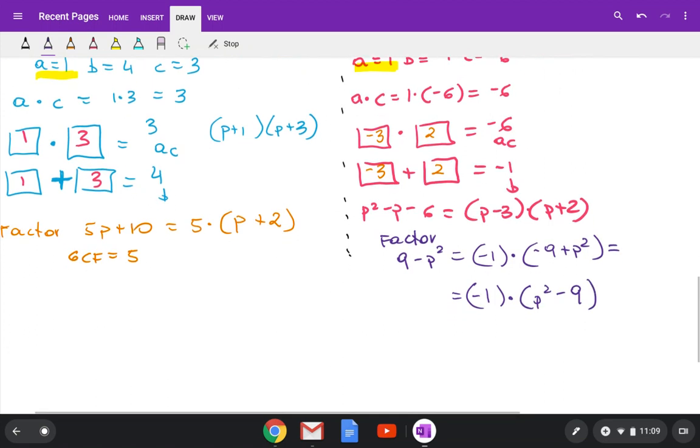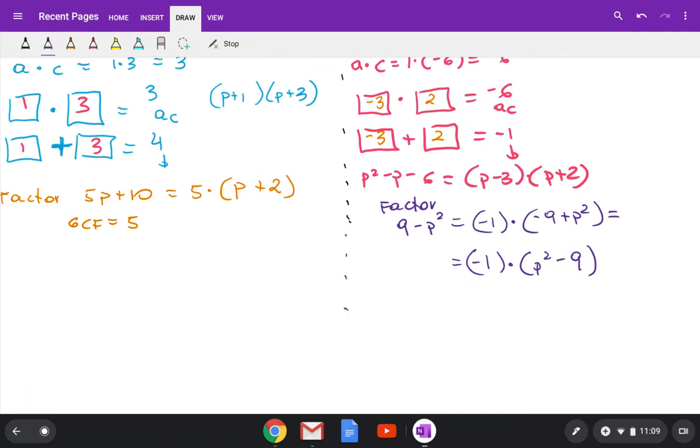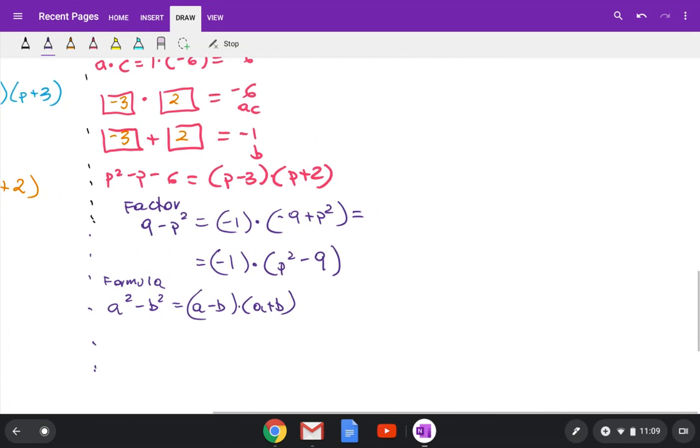Okay. So hopefully you remember the a squared minus b squared formula, which is the difference of two squares. This is the same as a minus b times a plus b. So we have that here. P squared minus 9, so let me copy that negative 1.